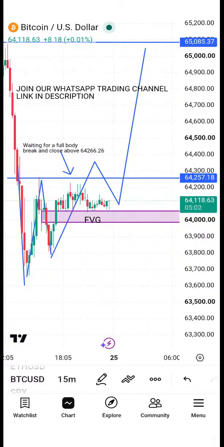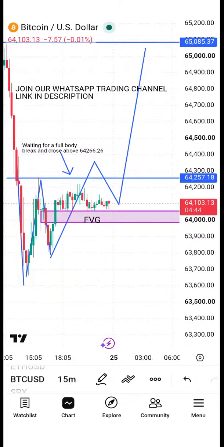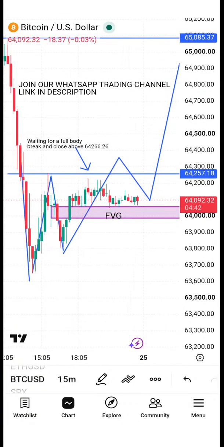Why would I enter? Because price must sweep liquidity. Right now, it's busy collecting those who are buying and those who are selling. These moves that you are seeing right now, it's busy collecting.